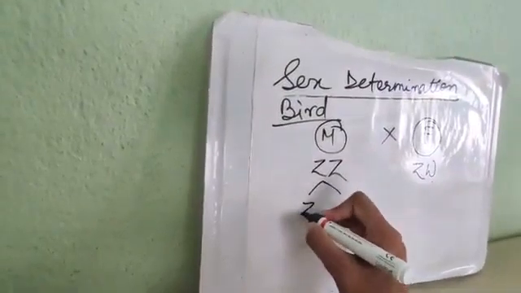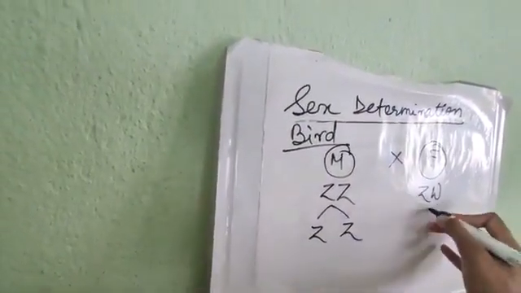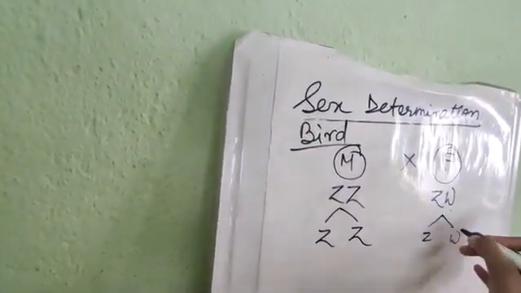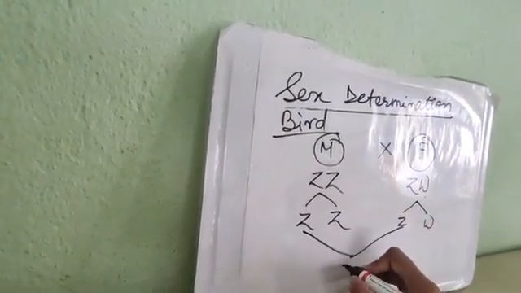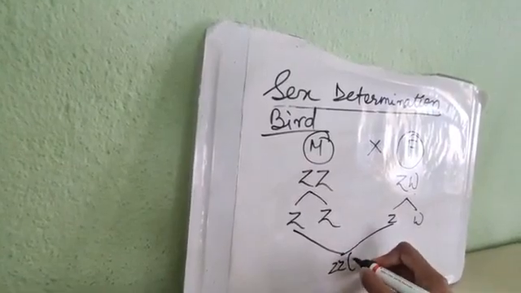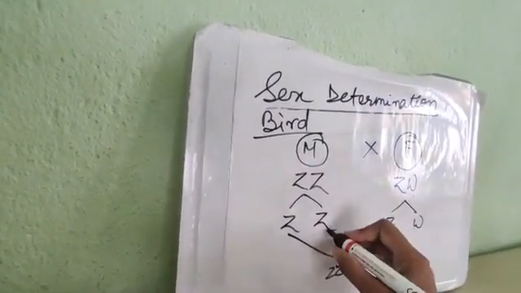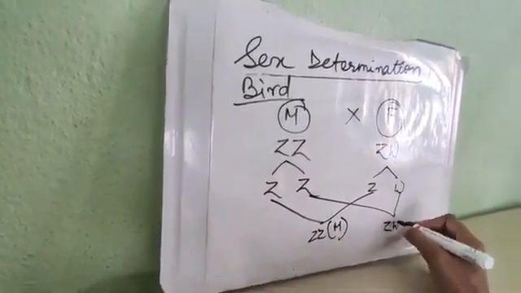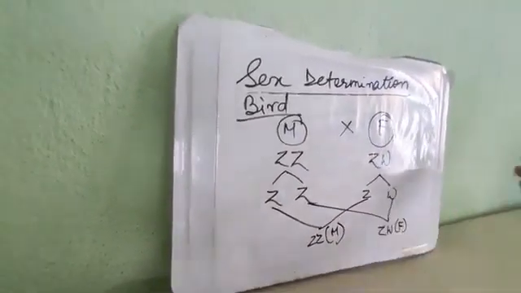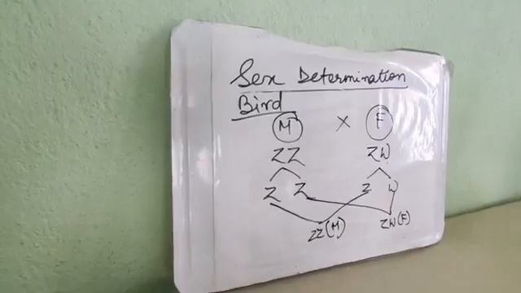So the gametes come out Z and Z, and Z and W. Now if this Z combines with this Z, we will get a young male, right? And if this Z combines with this W, then we will get a young female. So this is the sex determination in bird.